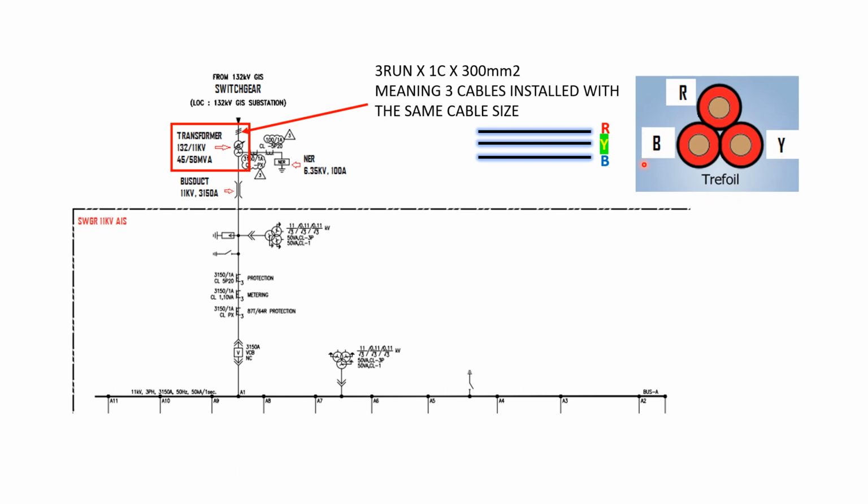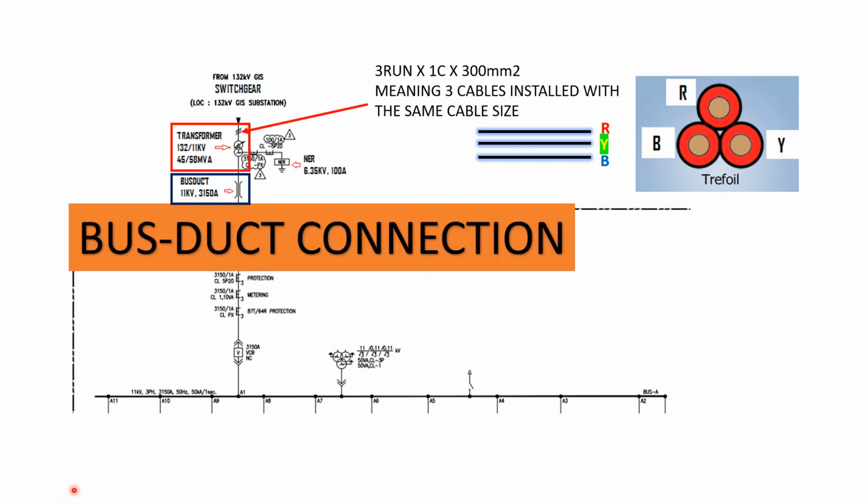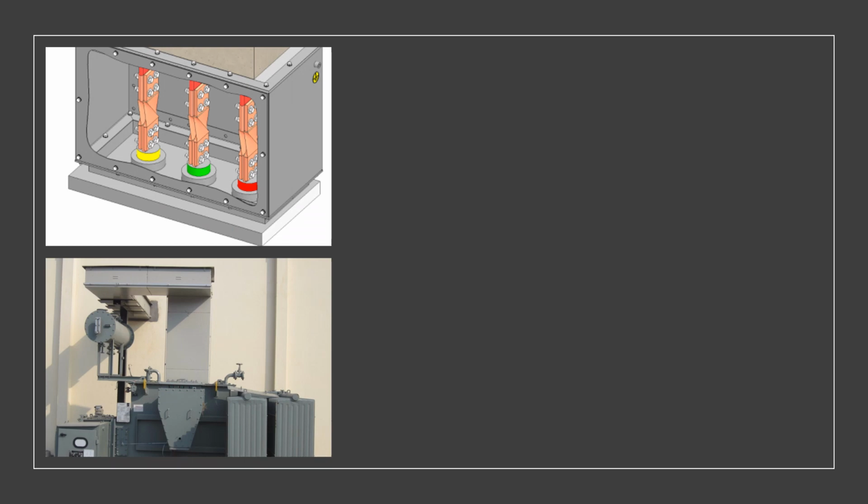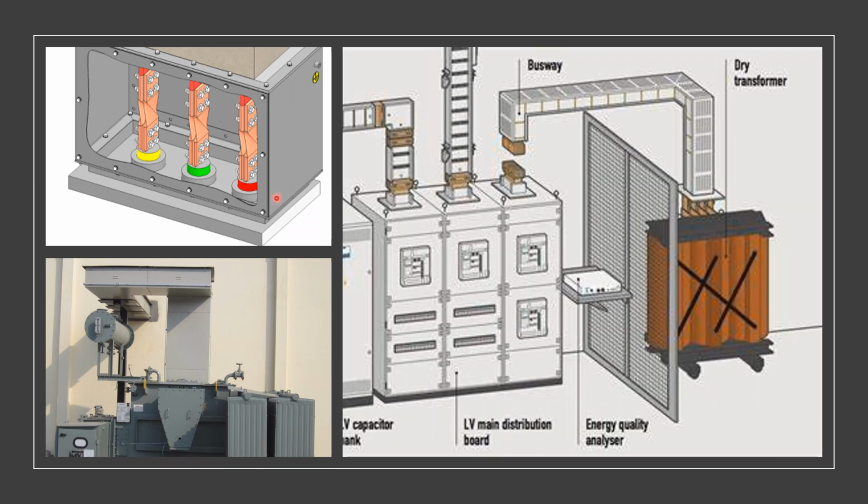And then is our bus duct connection. For the bus duct connection, we have 11 kV, 3150 amps, directly connected to our switchgear. So it's simple, guys. This is the example of our connection from the transformer going to our switchgear.